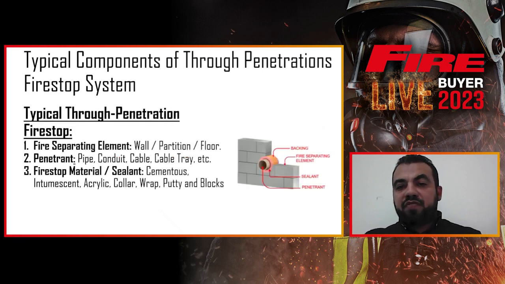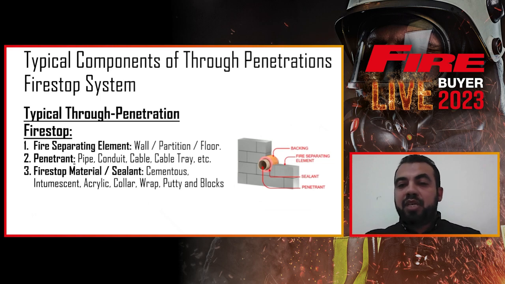A typical through penetration firestop assembly mainly contains the fire-resistant element, which could be a brick wall, a concrete wall, or a drywall, and also might be a floor slab. This is the first element. The second element is the penetrant. This penetrant can be a pipe, an insulated pipe, and this pipe could be a metallic pipe or a plastic pipe, a conduit or a cable tray.